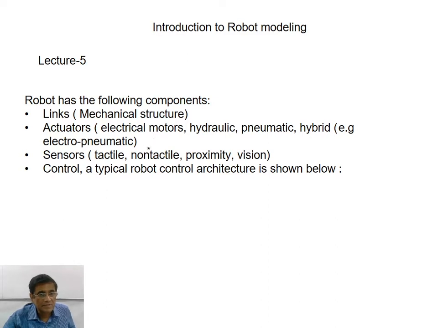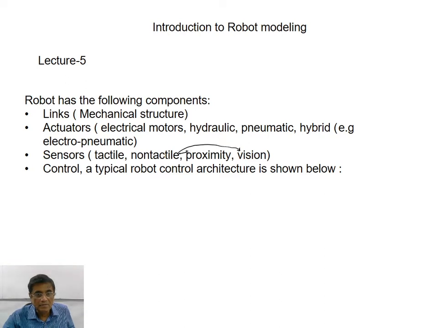Another type of sensors are non-tactile type of sensors. They are quite large in variation. Here the signals are issued without physical touch. Two broad categories of non-tactile sensors are the proximity sensor and the vision sensor.